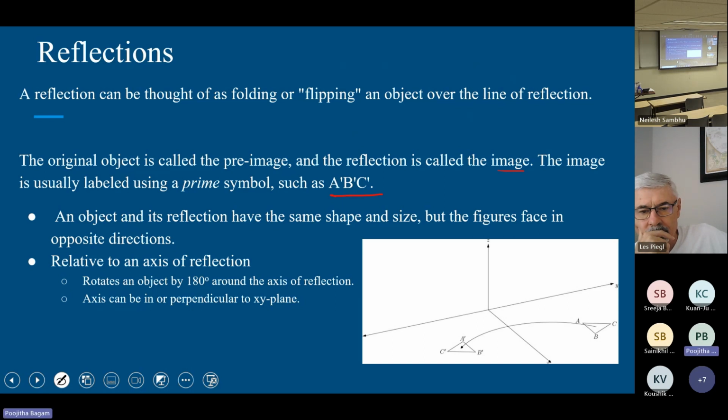An object and its reflection have the same shape and size, but the figures face in opposite directions. Relative to an axis of reflection, we can see the object got rotated by an angle of 180 degrees around the axis of reflection. The axis can be in the xy plane or perpendicular to the xy plane, as shown here.